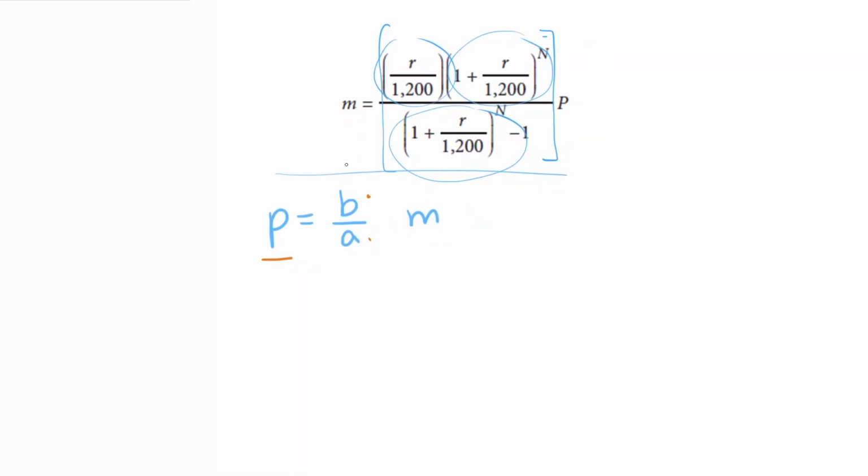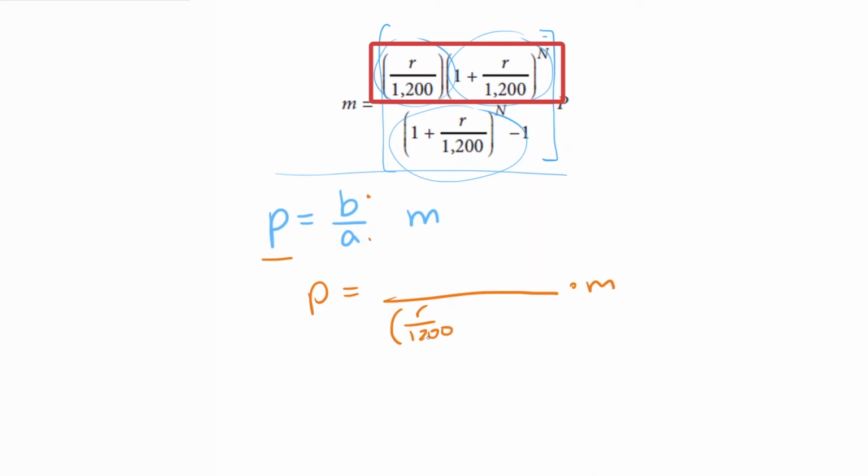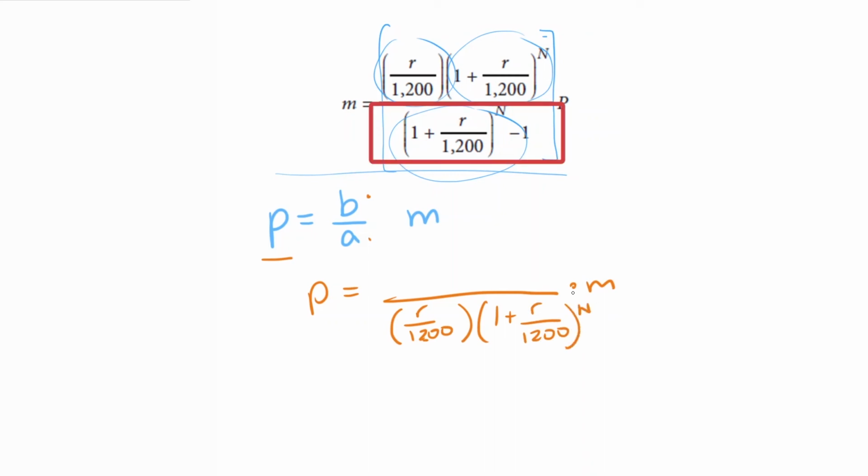Now that we have P by itself, it's time to change A and B with the numbers and letters that we had earlier. A equals R over 1200 times 1 plus R over 1200 to the power of N. So that's going to go on the bottom. B equals 1 plus R over 1200 to the power of N minus 1.